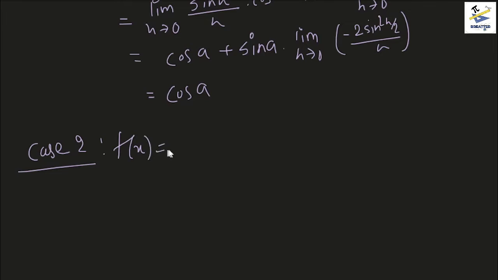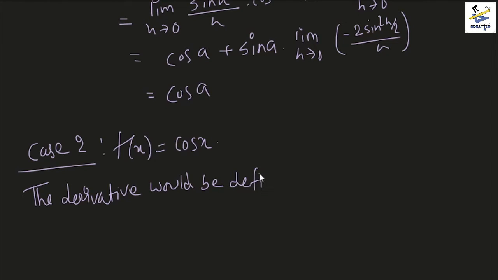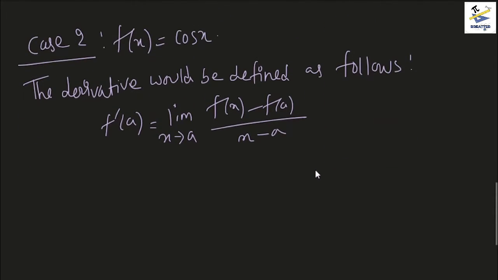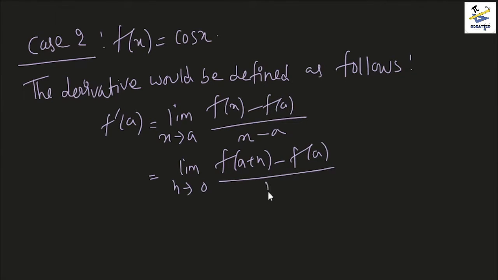So case 2 is, now the derivative would be defined as follows. f dash a would be equals to limit x tends to a f of x minus f of a by x minus a, from which we can substitute h equals to x minus a to find the new definition which was more useful to us, which is f of a plus h minus f of a divided by h, right?